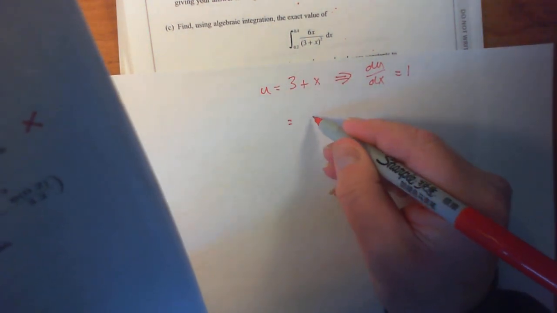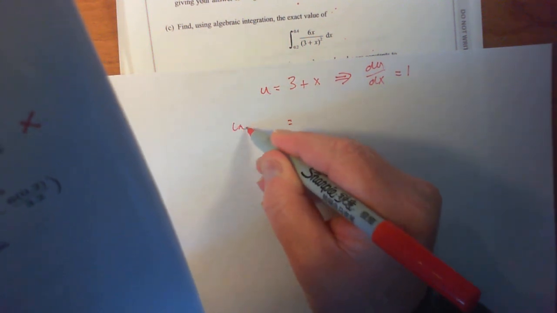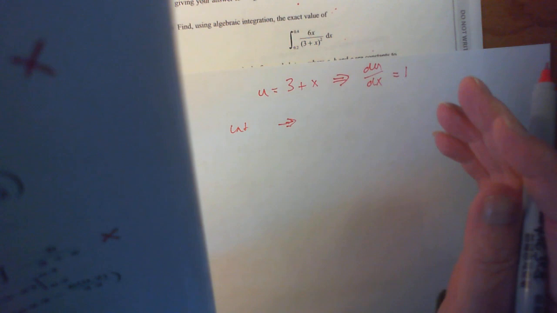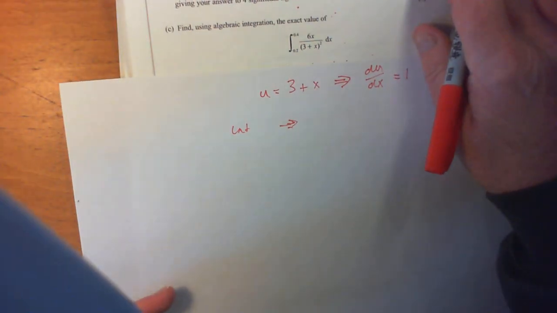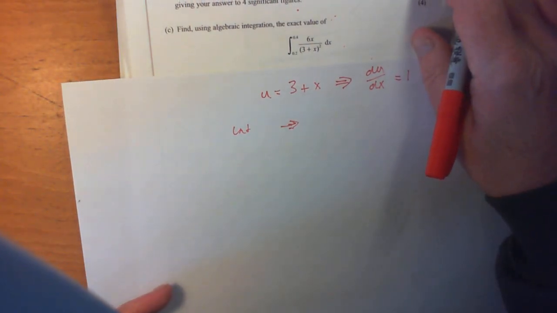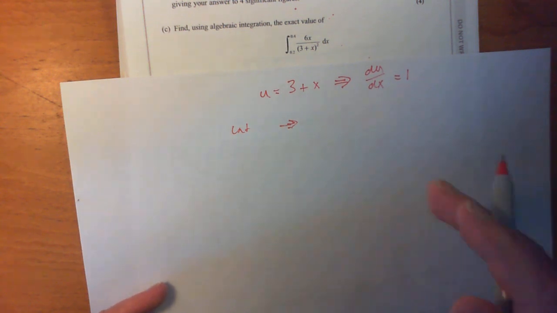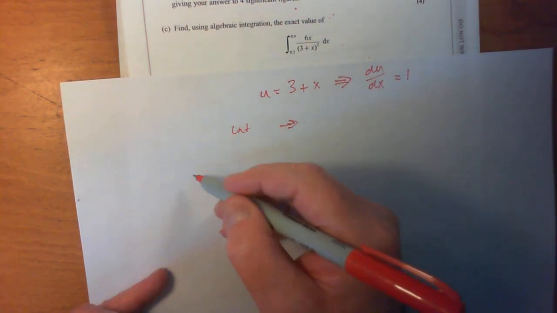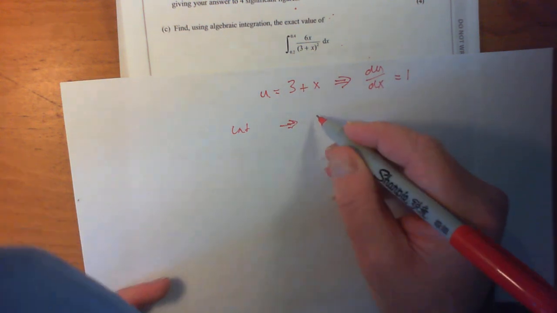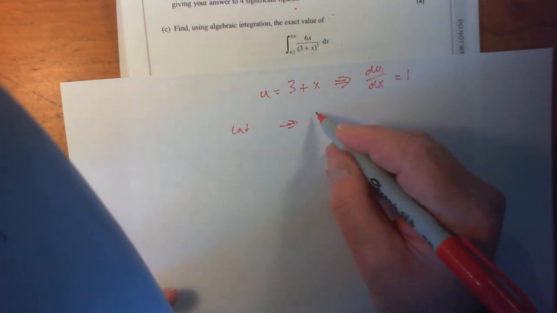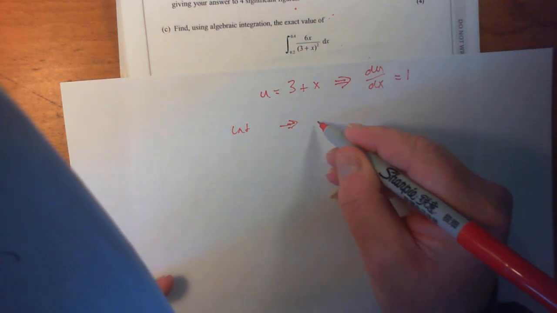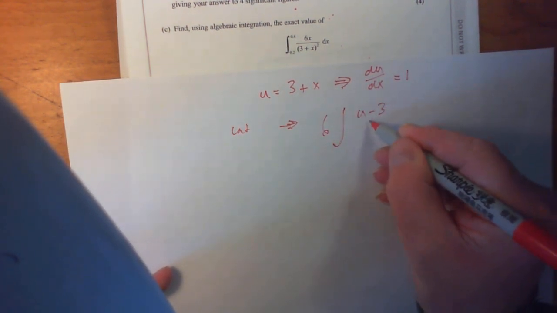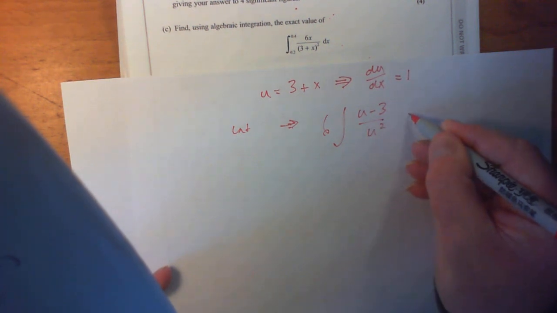So the integral goes to, again, I'm writing this in short here. When you're writing it down yourself, I'd recommend you do it in a more explicit way. So you can stick the full integral and let's say it becomes 6 times u minus 3 over u squared du.